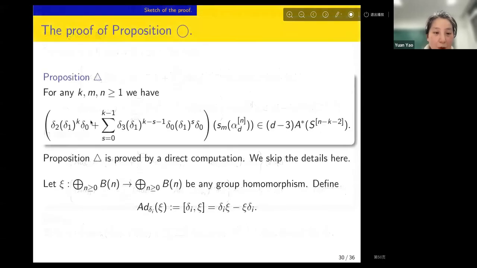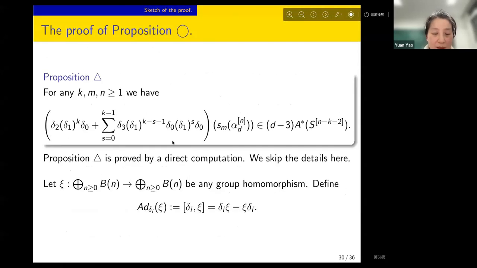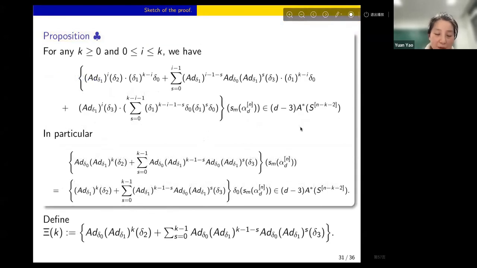You make all these things into commutators, and still the statement holds. You replace this by all the commutators, and it still belongs to D minus 3 times this Chow range. You have to use the induction again and again.